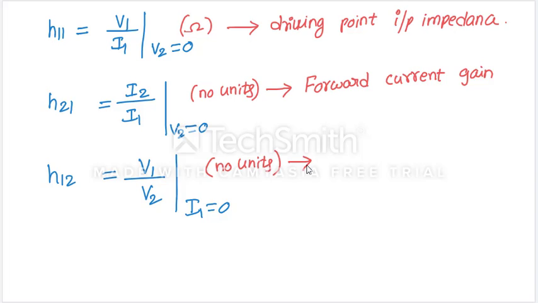We call it a voltage gain, more precisely the reverse voltage gain. Why? Generally voltage gain means output by input, but here it is input by output. So we call this the reverse voltage gain.